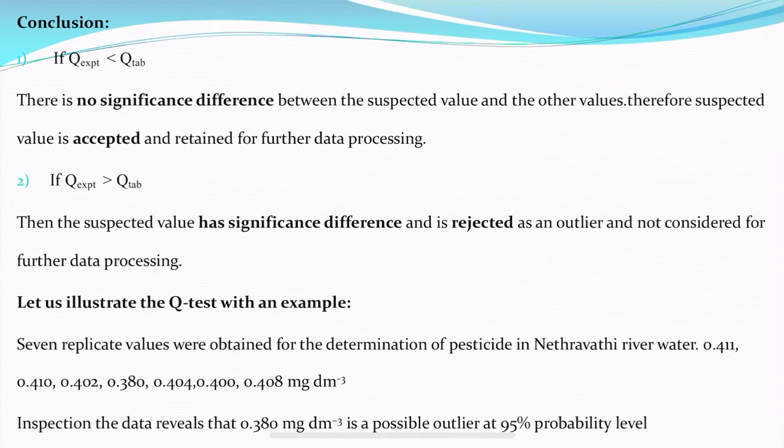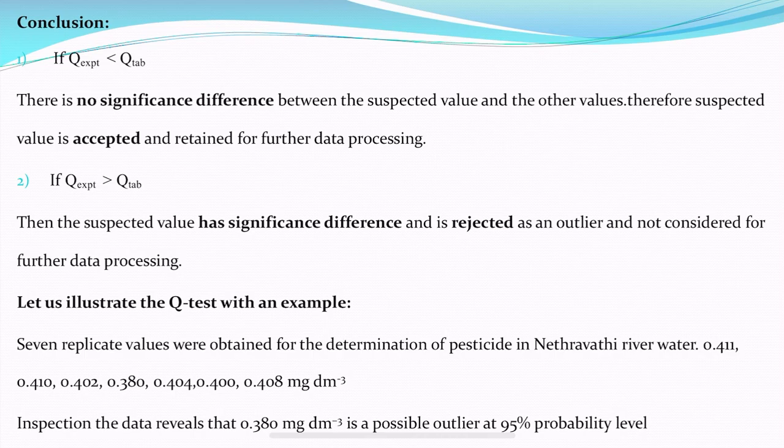In this example, 7 replicate values were obtained for the determination of pesticide in Netravati river water, and these are the values I have got: 0.411, 0.410, 0.402, 0.380, 0.404, 0.400 and 0.408 mg per dm cube.